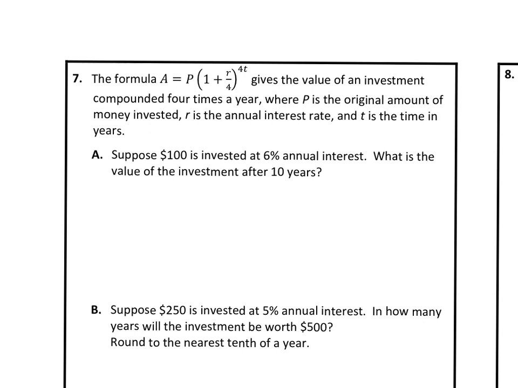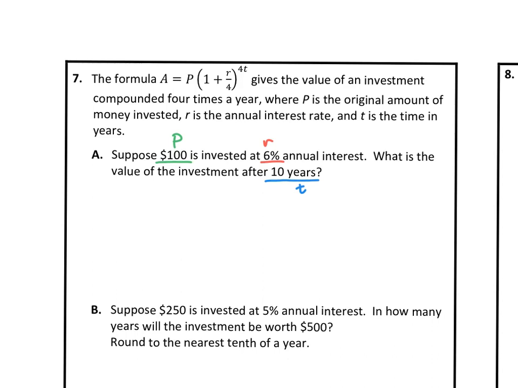And so what do you think 100 represents? $100 represents the original amount invested, right? So this is the P value. 6% represents the annual interest rate, so it's r. And lastly, what does the 10 years represent? That represents the time in years.